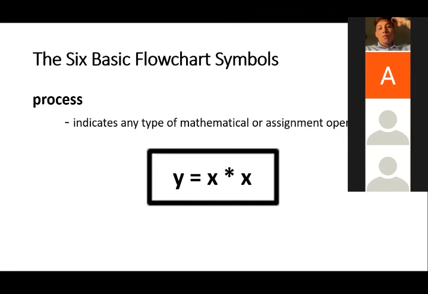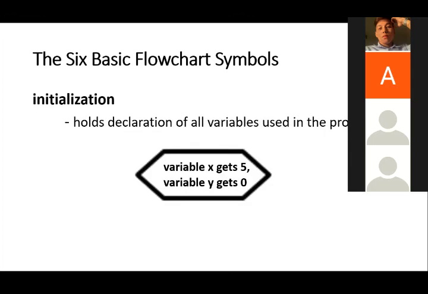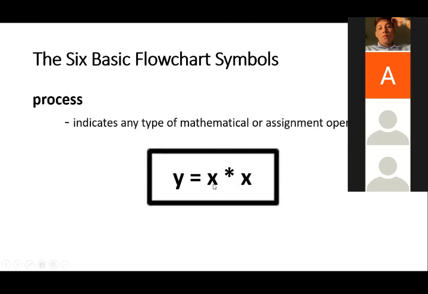It says here, because we declared x and y at the beginning, we will be using x and y. What will it use? x multiplied by x. What is the value of x when we declared it? What is the initialized value of x? 5.